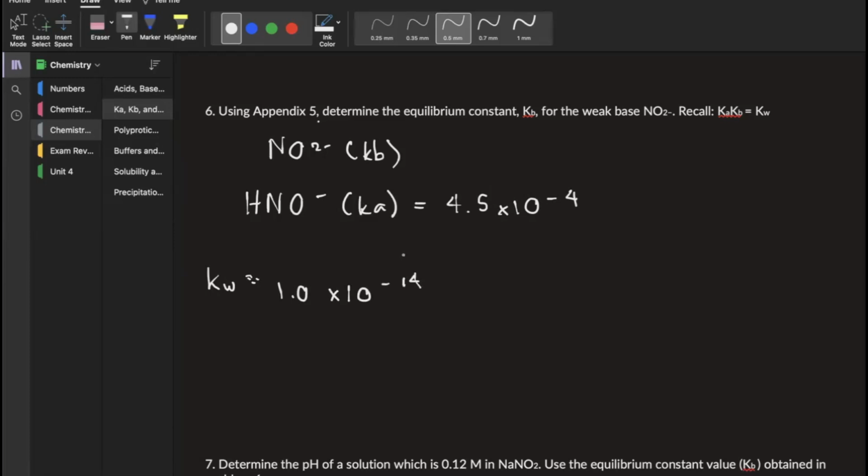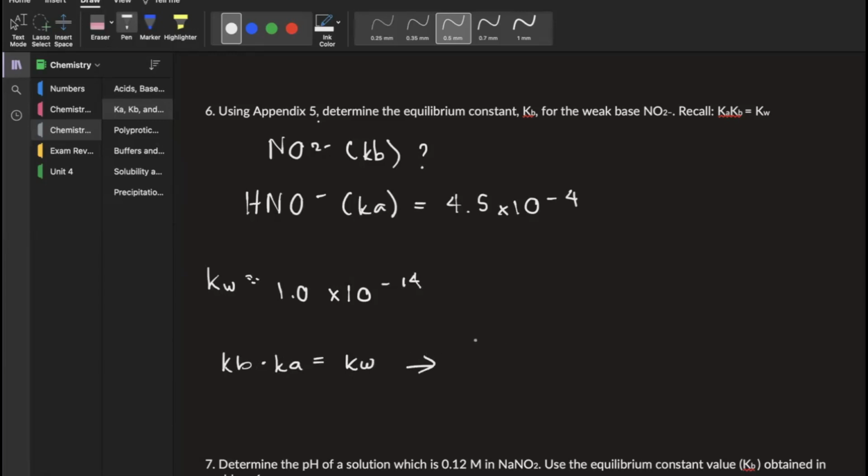at room temperature usually. So what we want to find is Kb. But we know that the relationship between Kb and Ka is that when multiplied together, we get Kw. So to find Kb, all we need to do is divide Kw by Ka.